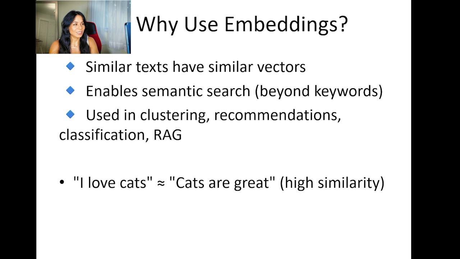"Love cats" and "cats are great" may not share keywords, but they are very close in embedding space, meaning they are talking about cats and how a person appreciates having cats, or loves cats in general. So that's how tools like semantic search, text clustering, or RAG work.